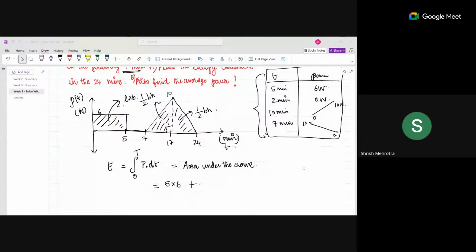Yes, the answer is right. 115 watt minutes, which is 6,900 joules, which is nothing but 6.9 kilojoules.